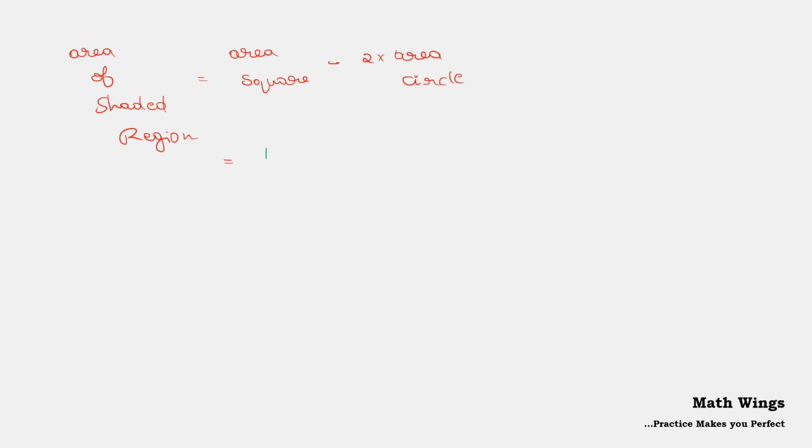We got it as 16 centimeter square minus 2 into, what's the area of the circle? It is 22 by 7. Therefore, the answer we will get is 16 minus 44 by 7, or this is equal to 7 into 16 minus 44 over 7. What's the answer here?